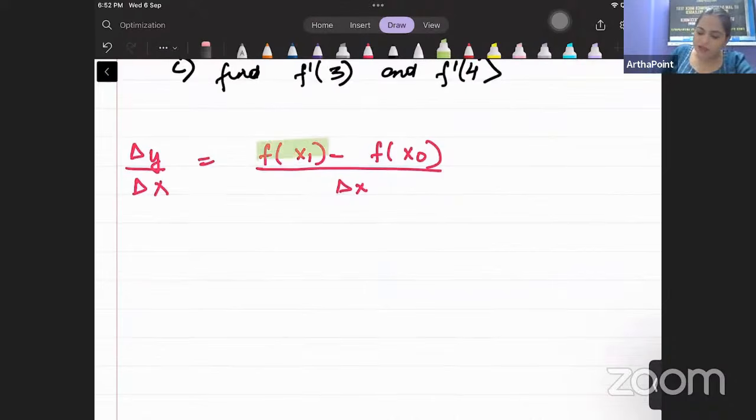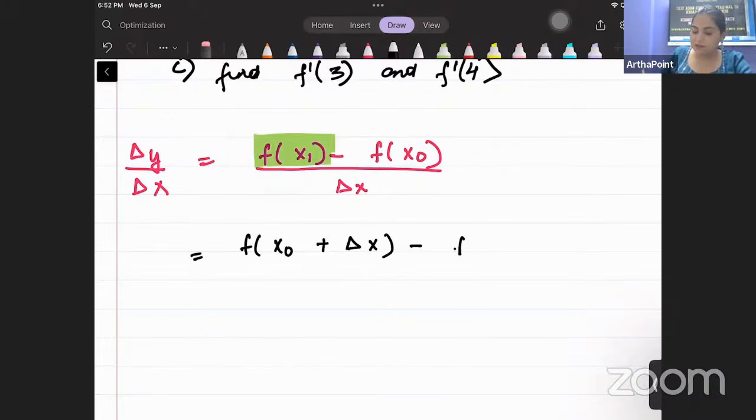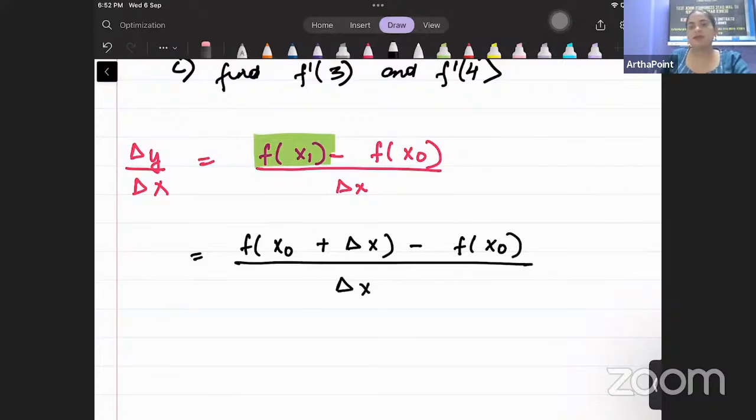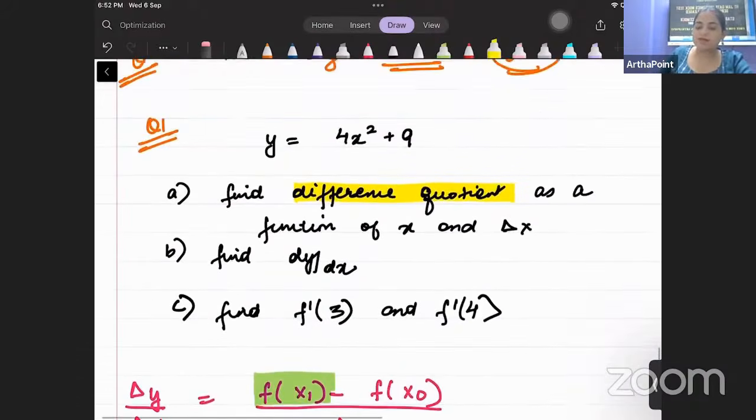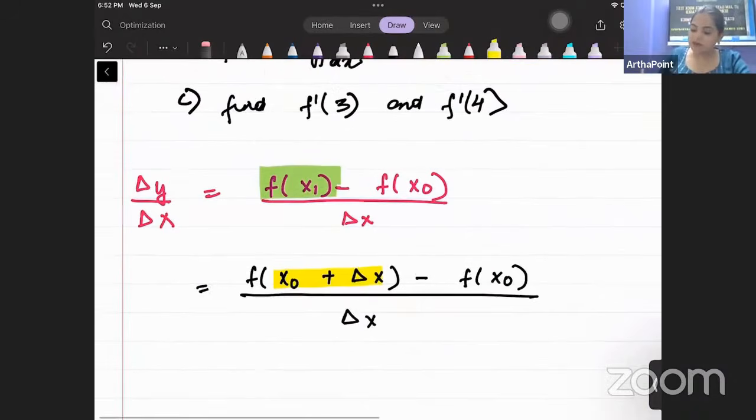This is f of x naught plus change in x minus f of x naught upon change in x. So one time in the function we have to put x naught plus change in x, and in the same function we have to put x naught and then find the difference.